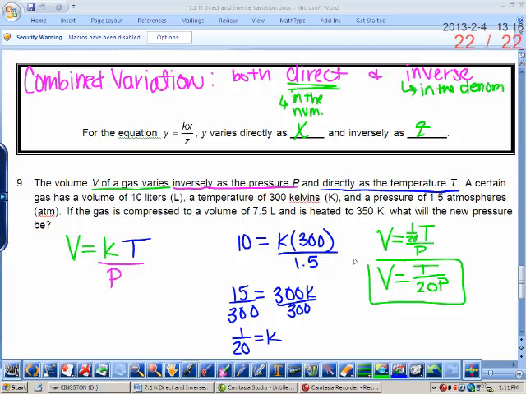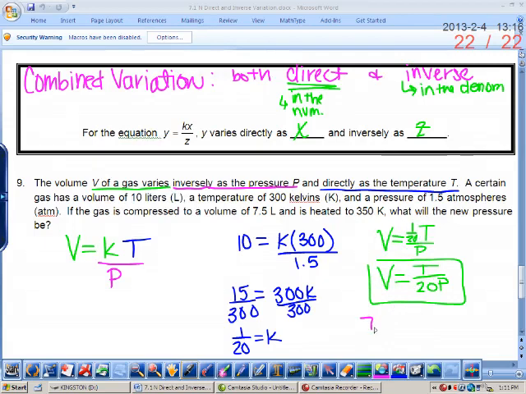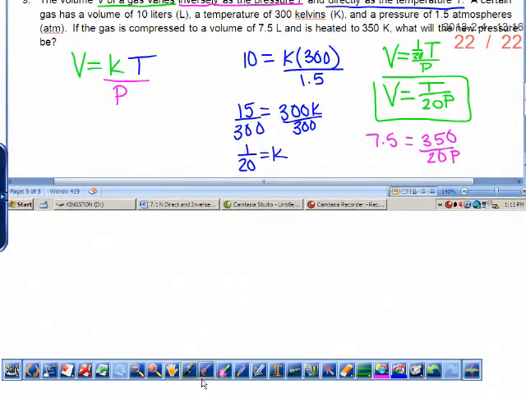So it says, if the gas is compressed to a volume of 7.5 liters and is heated to 350 Kelvin, what will be the new pressure? So plug in your 7.5 equals 350 Kelvin over 20P. What would we do first? Multiply by 20P. 7.5 times 2, what's that? 15.